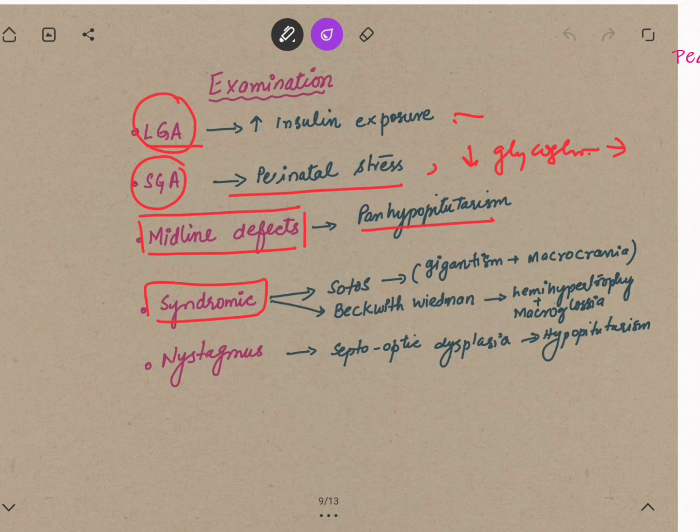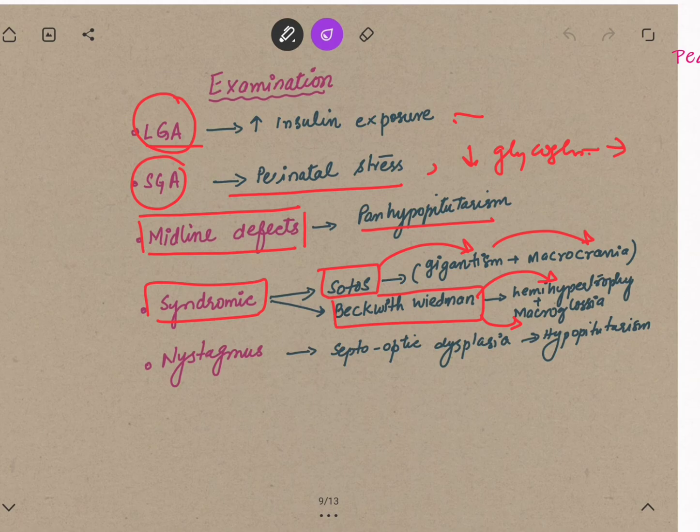We have two syndromes associated with hypoglycemia: Sotos syndrome and Beckwith-Wiedemann syndrome. Sotos syndrome has gigantism and macrocrania, a large head and large body, while in Beckwith-Wiedemann we have hemihypertrophy, where half the body is hypertrophied, there is macroglossia, and sometimes an associated umbilical hernia and hypoglycemia.